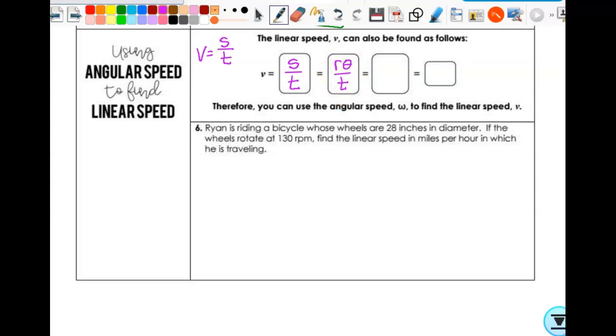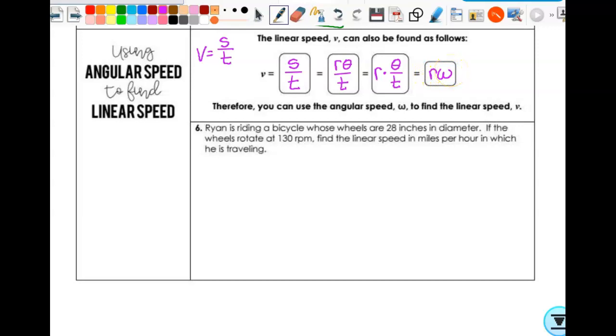Okay. And then I can rewrite this in a different form and say that this is R times theta over T. What is theta over T? What does that represent? That's the angular speed, which we represent with what letter? Omega. Yeah. Looks like a W, but it's omega. So this is equal to omega, so this really could be R times omega.